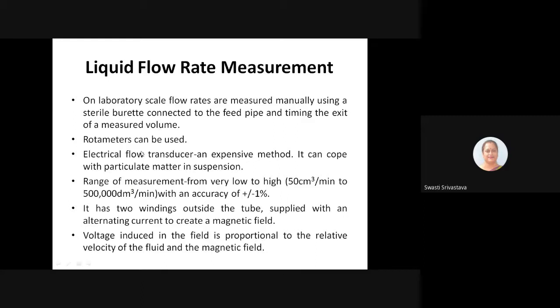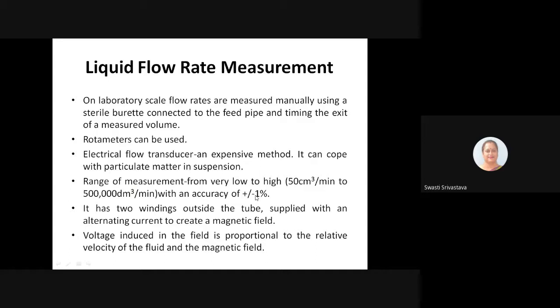Then another method is an electric flow transducer that can be used here. Now, these electric flow transducers are an expensive method and they can cope with particulate matter in suspension. They can measure flow rates from very low to very high, approximately 50 centimeter cube per minute to 500,000 decimeter cube per minute, with an accuracy of plus minus 1%.